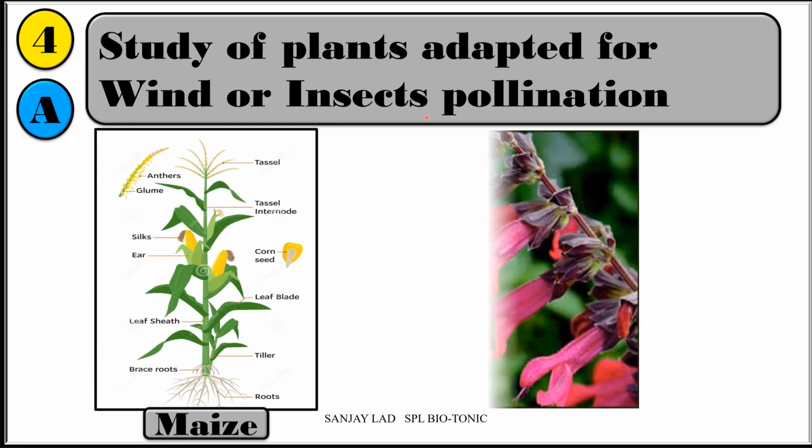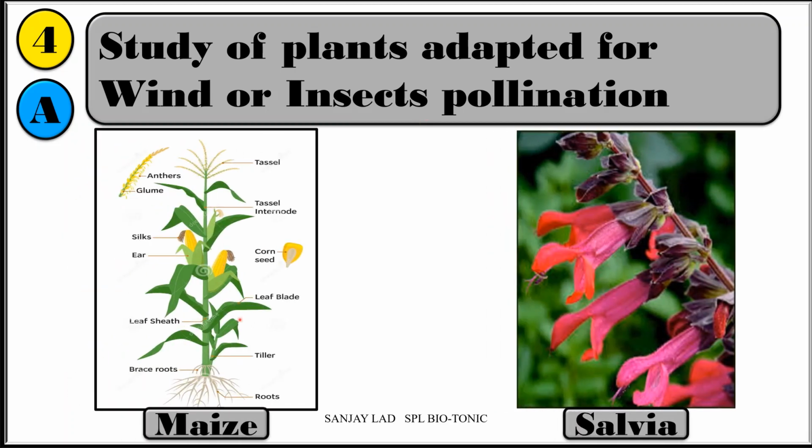Students, when you see the maize plant, you have to write the given plant is maize adapted for wind pollination, and you have to write one or two features of maize plant towards wind pollination, like stigma is feathery, pollens are light in weight and more in number, etc.